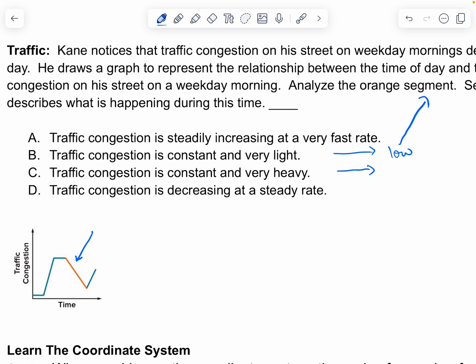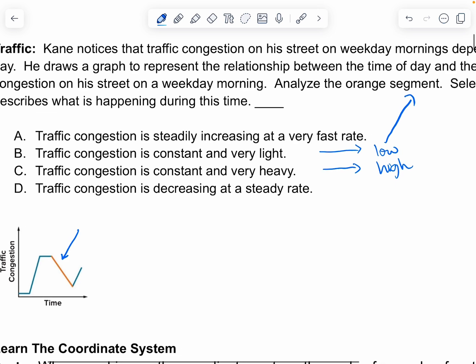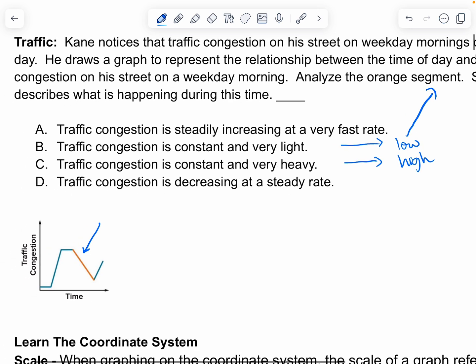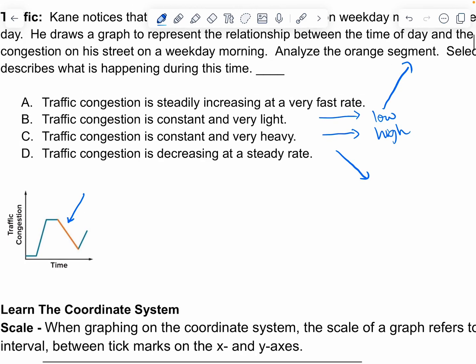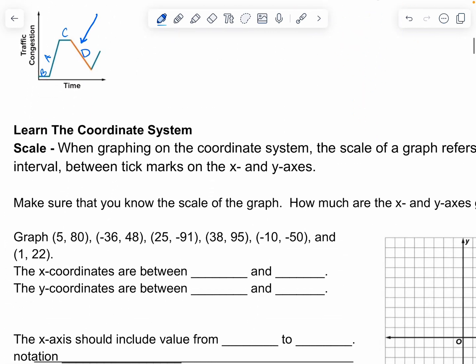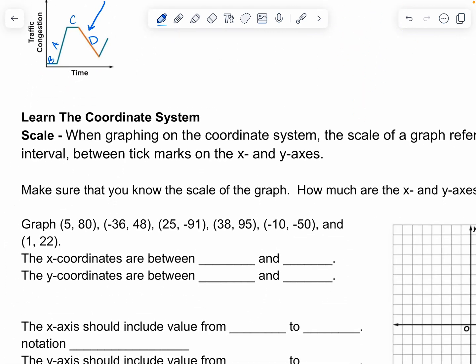Same thing, but this would be higher up. And traffic congestion is decreasing at a steady rate. Okay? So if I look at this, I would have said this portion was A. I would have said this portion down here is B. I would have said this is C, and this is decreasing. So I would say that this is D.